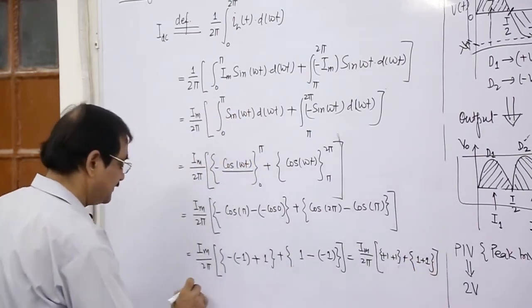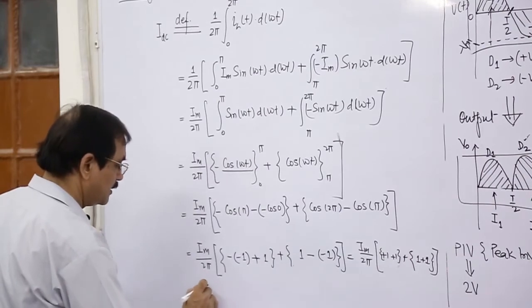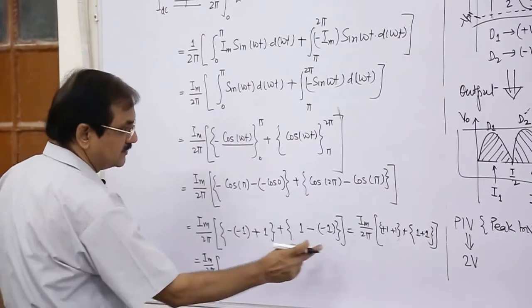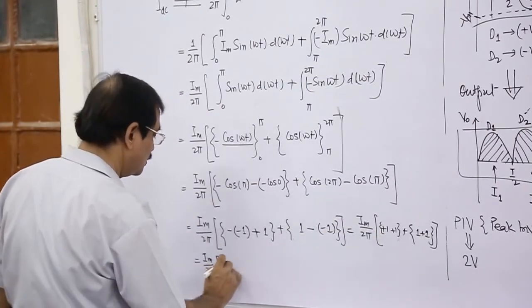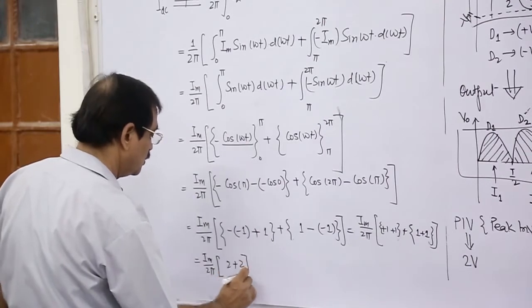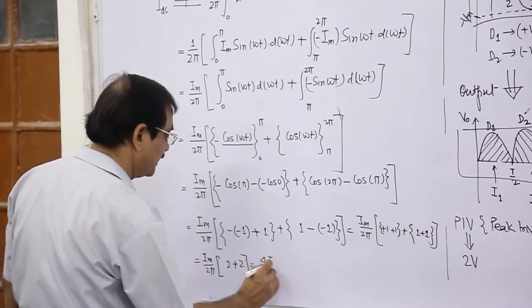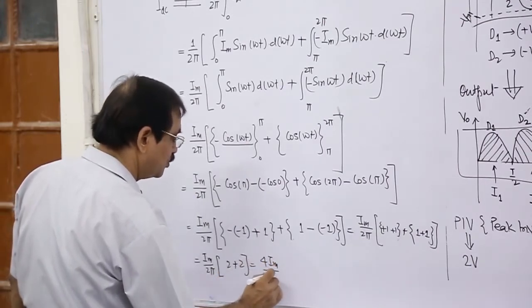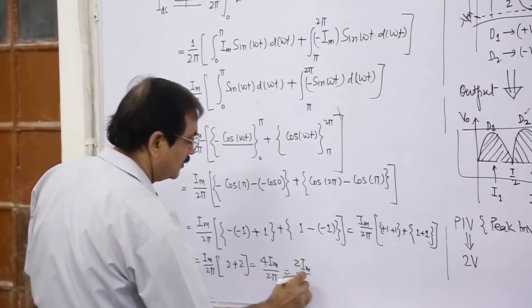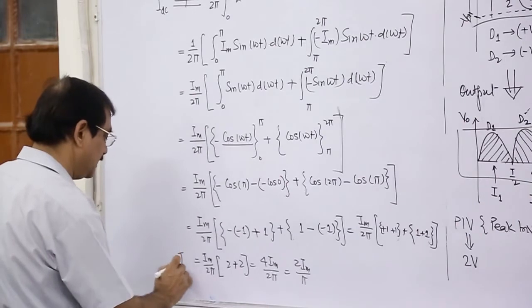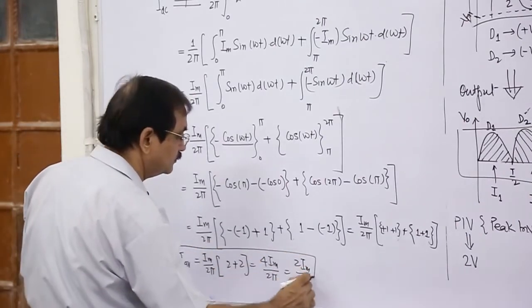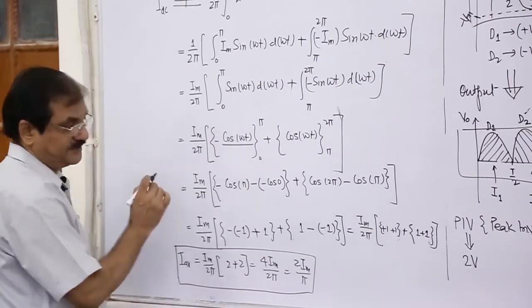So, this value is finally Im upon 2 pi, 1 plus 1 is 2, here also 1 plus 1 is 2. So, this is 4 Im upon 2 pi, that is 2 Im upon pi. This value is I average.